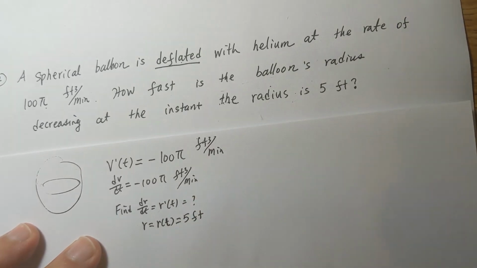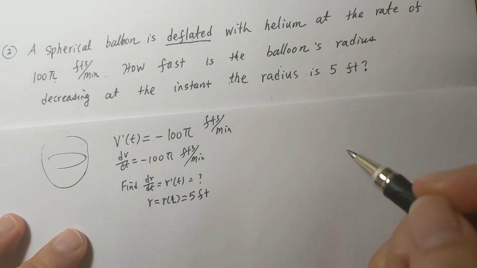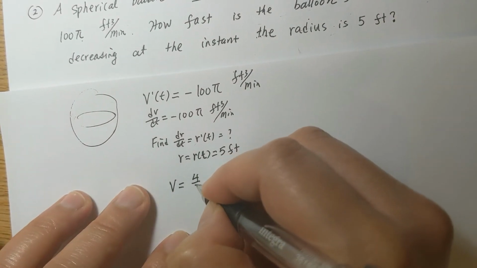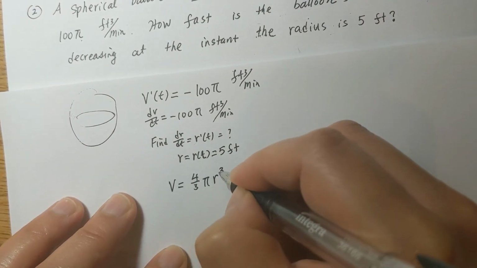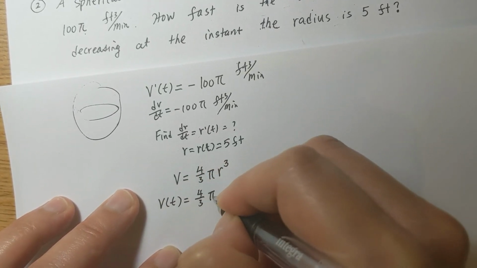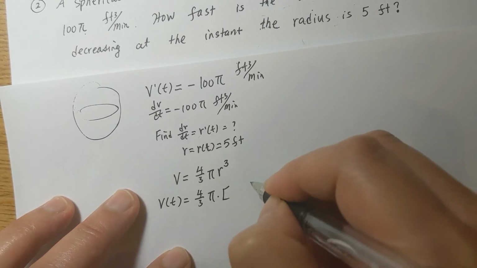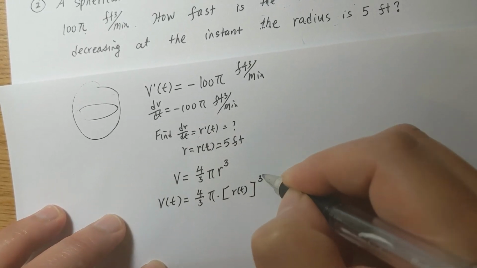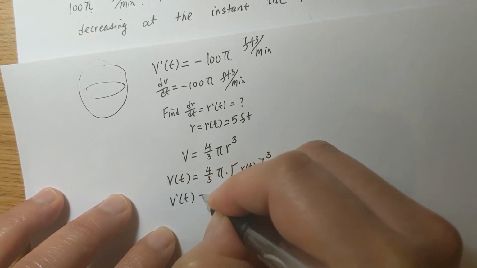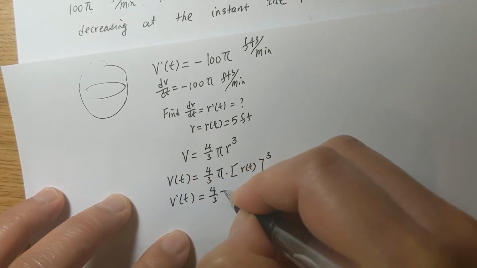Now we are going to find an equation that relates all the information together, which is V equals 4 over 3 pi r cubed. V is V of t, and r is r of t. Now we find the derivative of V of t, you get V prime of t. Numbers stay the same.